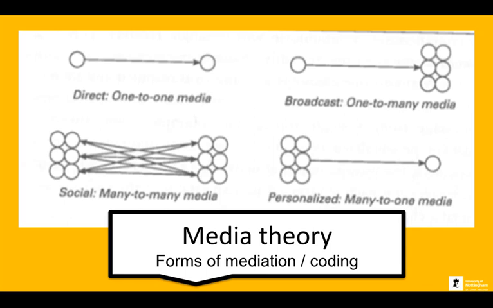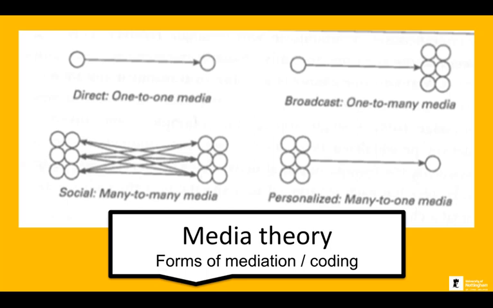So what form of mediation does a media allow? When you think in those terms, you can develop a more theoretical and in-depth understanding of different types of media. So instead of just saying broadcast media is broadcast media, and examples are television, you can start to think, what kind of relationships or mediation does broadcast media allow? Is that different from other types of media?